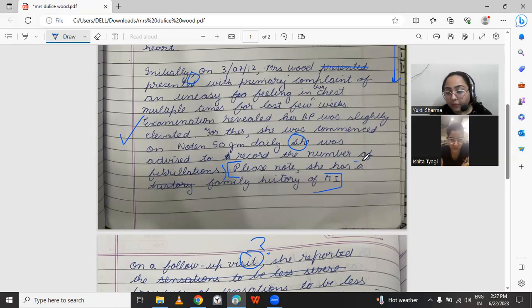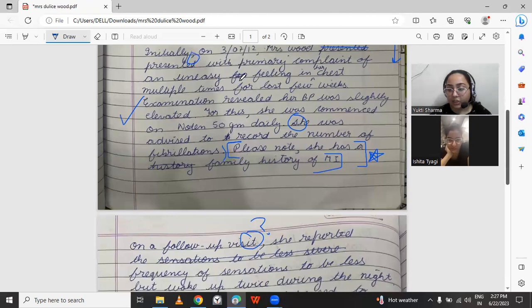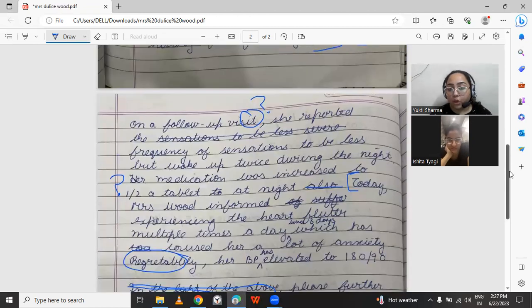So I'm going to pick it up and not write it here. I'm just marking a star because I think it can be written somewhere in the later body paragraphs. Now, there is one more reason I'm removing it from here. I will tell you once we move forward. So far, this is the initial visit. Then, on the follow up visit.